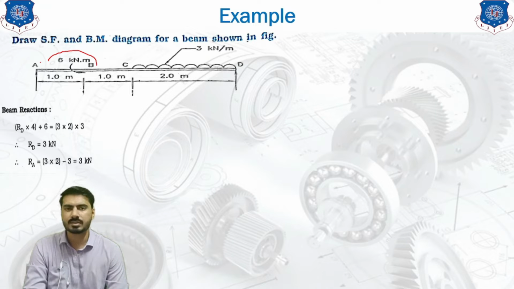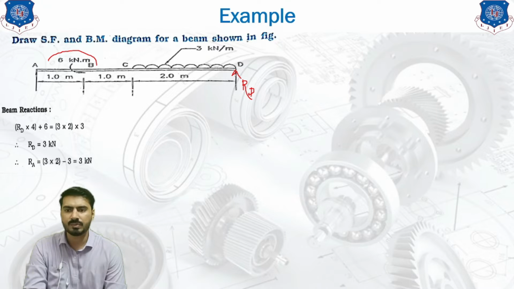So which are just beam reactions or support reactions. As you can see on your screen, we have applied a bending moment at point A. So at point A, we need to calculate the bending moment. RD is the support reaction at point D. This RD is going in the upward direction.